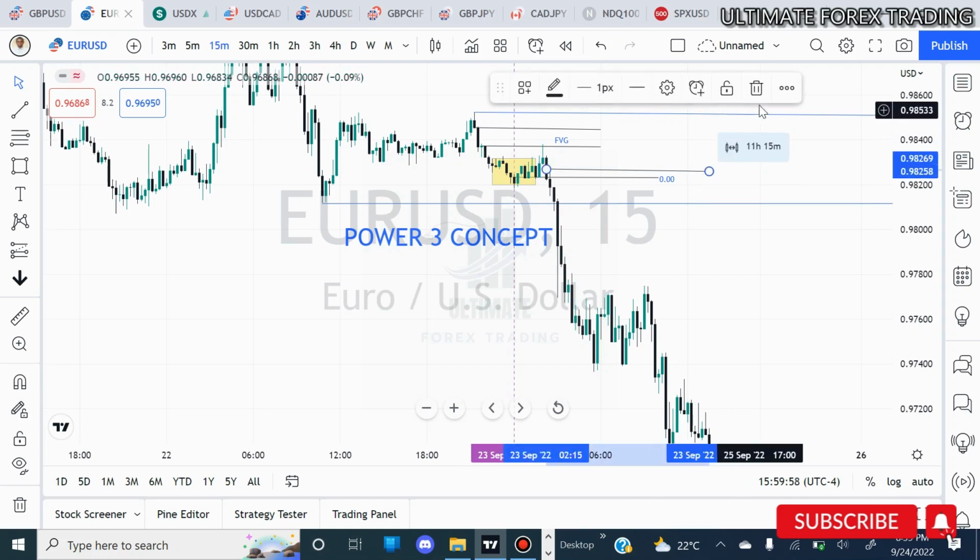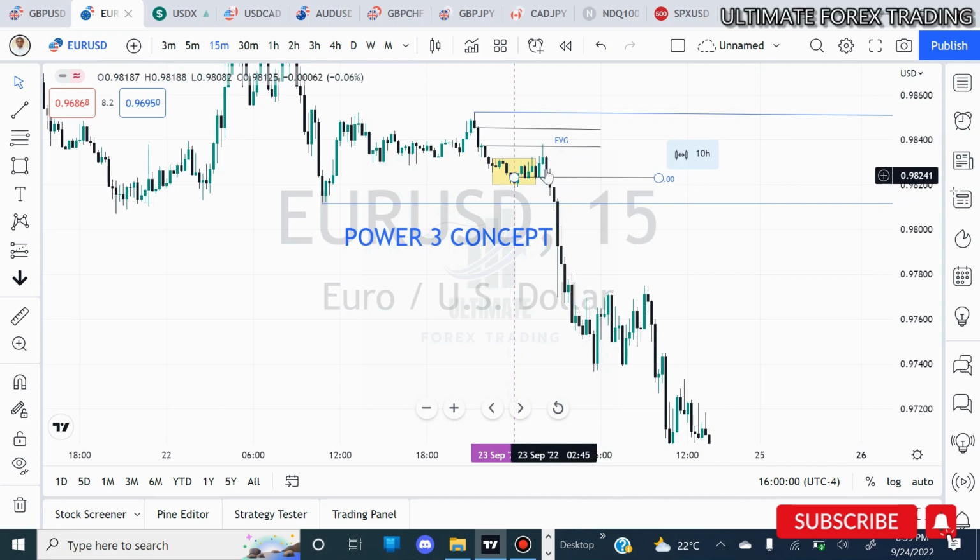But another thing you need to know is that if you know that your analysis is correct, you can enter even without fair value gap. Why we usually wait for price to retrace into it is for us to actually manage our trade so that our stop loss will not be that wide.